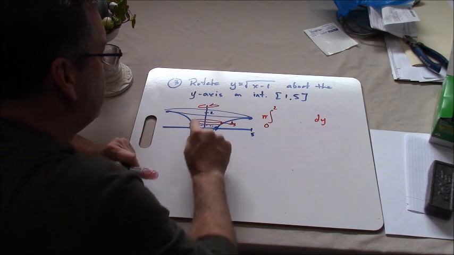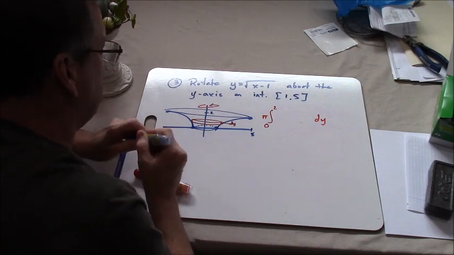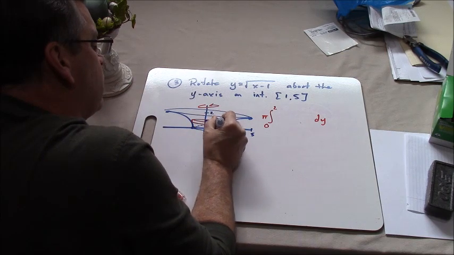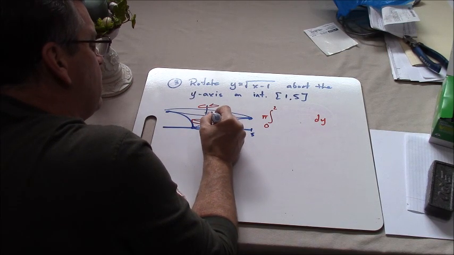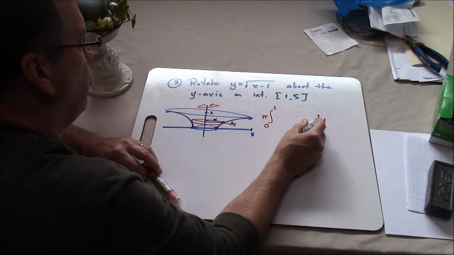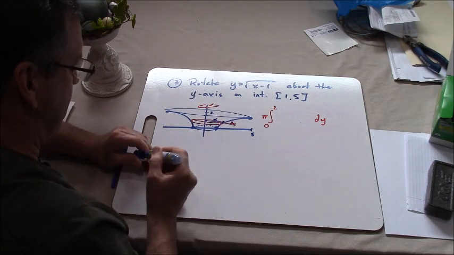And so now when you look at this, my radius starts here, it goes out to some point. That's going to be an x value, but I need everything to be in terms of y. So I need to go back to this equation and solve that for x.